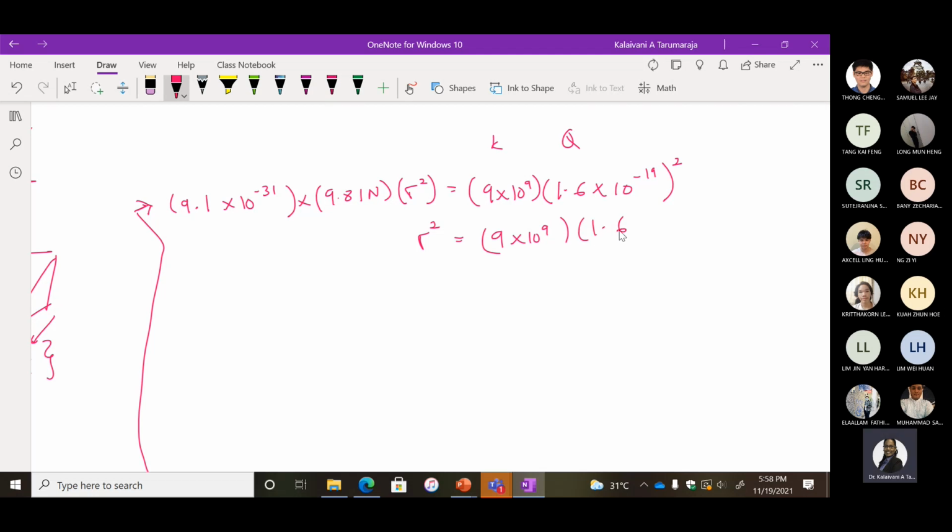For example, 1.6 to the power of minus 19, then divide by 9.1 times 10 to the power of minus 31, times 9.81 Newton. Once you solve these calculations, how much do you get?